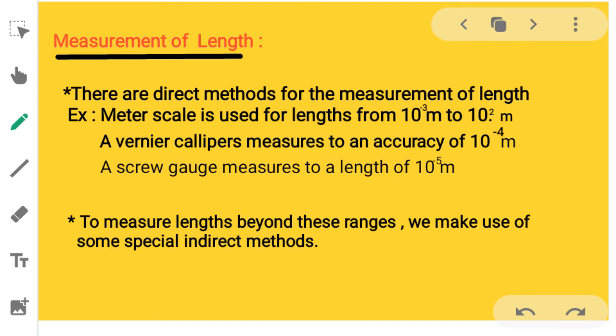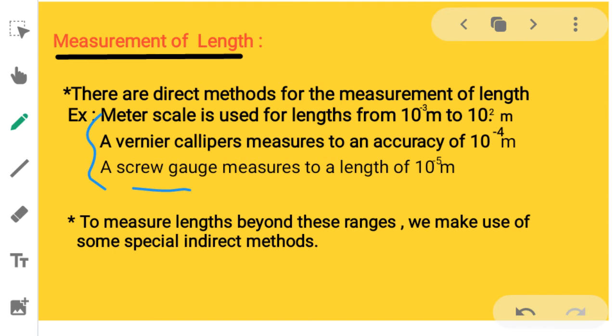These three, the meter scale, vernier calipers, and screw gauge, we use in the lab, engineers use them, and they are used in workshops.